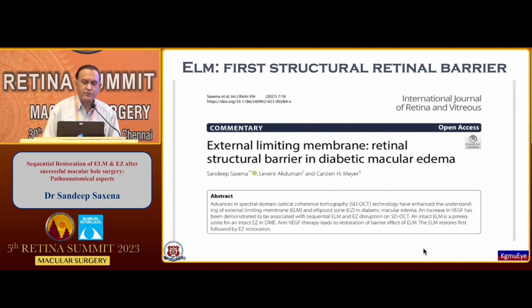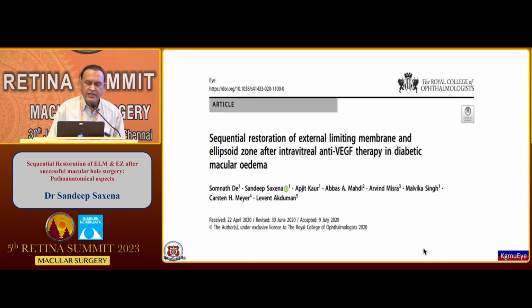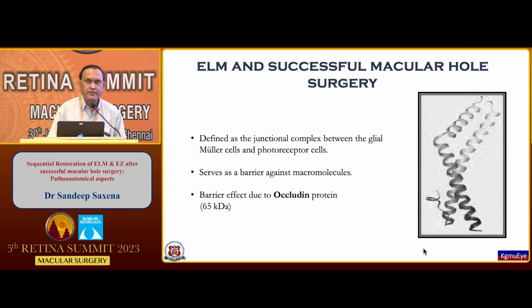Now about 12 years back, we discovered ELM as a structural retinal barrier in cases of DME, and we showed that ELM was a prerequisite for the restoration of EZ. Recently we showed that the restoration of the ELM preceded the restoration of EZ after anti-VEGF therapy in DME, and the same cue can be drawn for macular holes also.